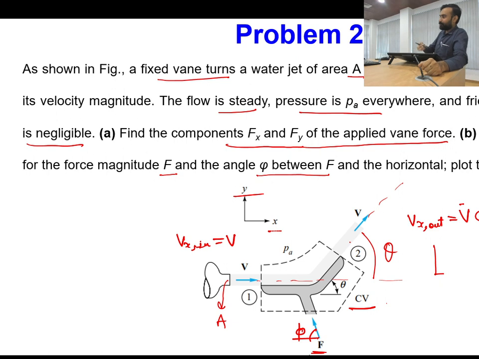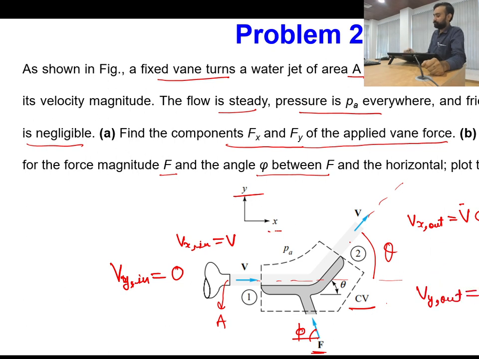Similarly, let's also try to see the velocities in y direction. What is the y velocity at inlet? Because the entire velocity is in x direction, the y velocity at inlet is equal to 0. What is the y velocity at outlet? The y velocity at outlet is equal to V sin theta. Now let's try to see these.